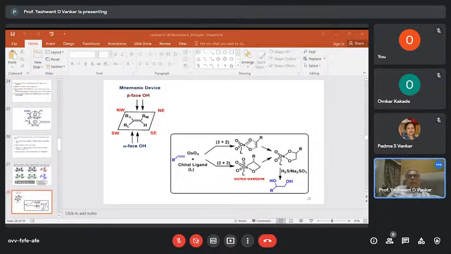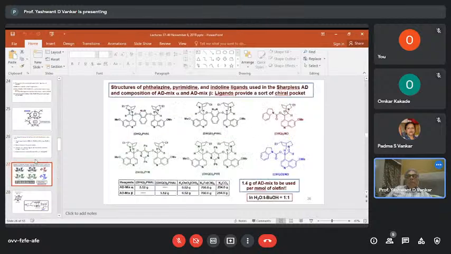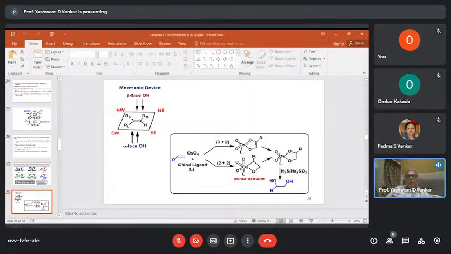As you can see, if the double bond is oriented in this particular fashion, so that in that particular rectangle you orient the large group, small group, medium group in this fashion, northwest, southwest, northeast and southeast, then if you use the dihydroxylation reagent, AD mix alpha, as I showed in this particular case, will give you the stereochemistry of the dihydroxy groups from the alpha side.